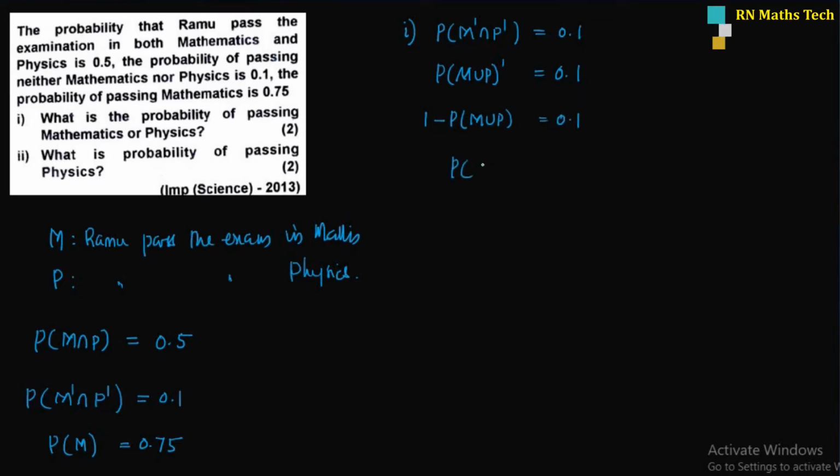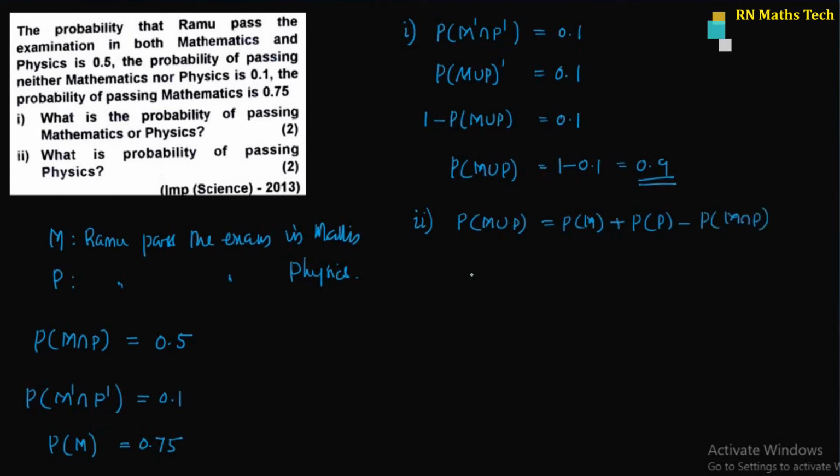Therefore, P of M union P is equal to 1 minus 0.1, that is 0.9. Okay. Now second part is what is the probability of passing physics? P of P കാണണം. അപ്പോൾ P of P കാണുന്നതിന് P of M union P യുടെ ഫോർമുല എഴുതിയാൽ P of M plus P of physics minus P of M intersection P.